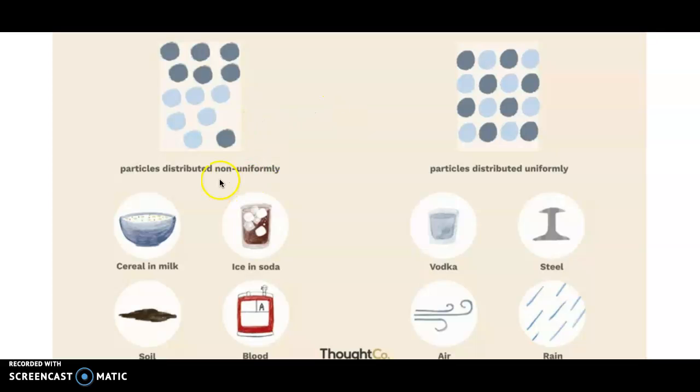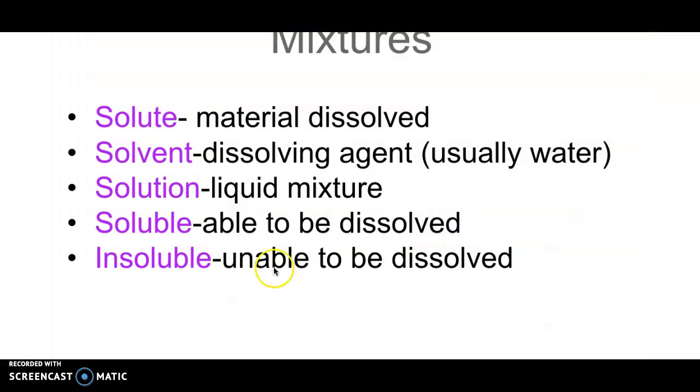Here's some looking at the particle distribution for heterogeneous versus homogeneous. And some more examples are provided as well. So when you're describing the solute, you're talking about just the small amount of the material.